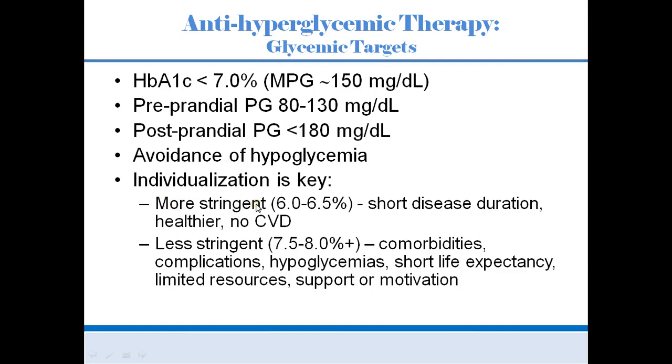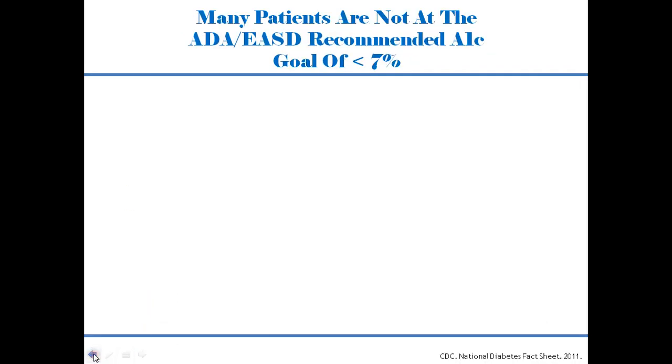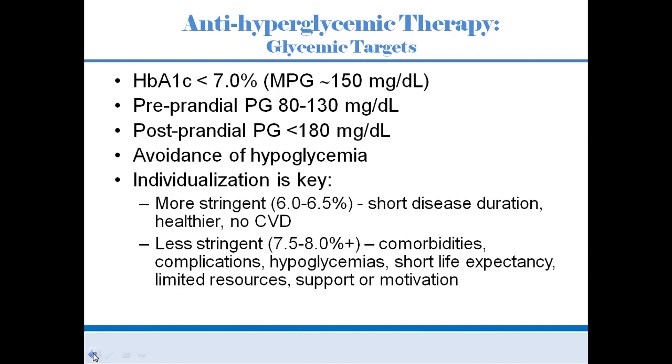You can go for more stringent control, from 6 to 6.5, if the duration of the disease is short. If it is a younger patient who is very healthy, very motivated, has no complications, no cardiovascular disease yet, you can go for a stringent control of 6 to 6.5.